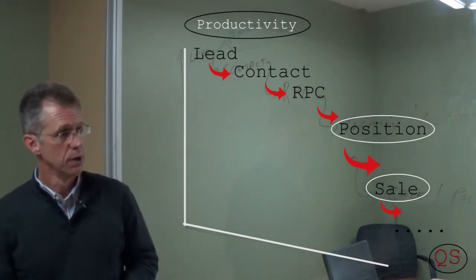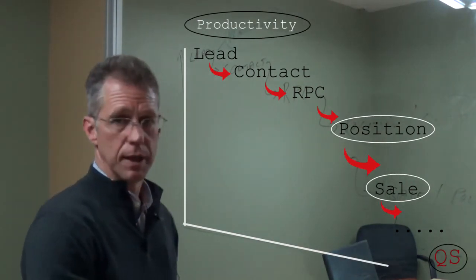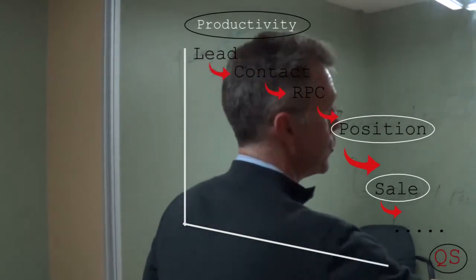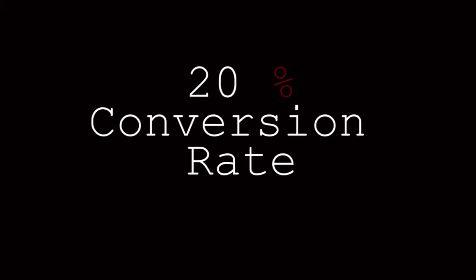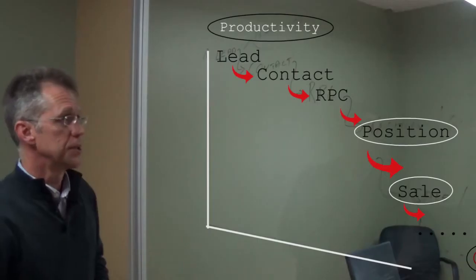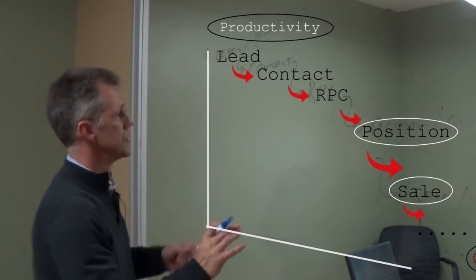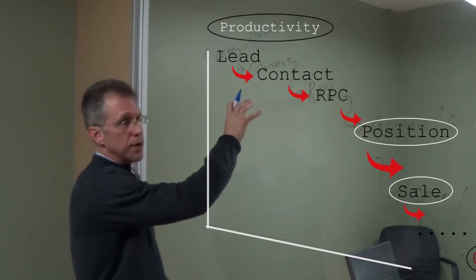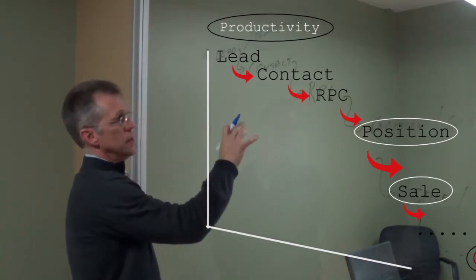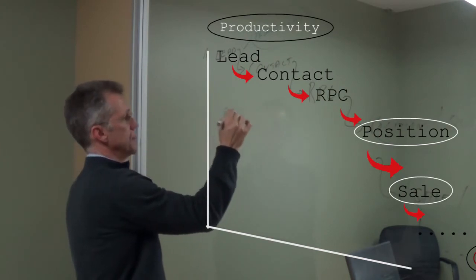If, for example, we want to achieve an overall conversion rate of 20% on the number of right party contacts or quotes that I get, then let's put some numbers to these different elements in the value chain. So let's just assume that my right party contact to quote ratio is 80%.